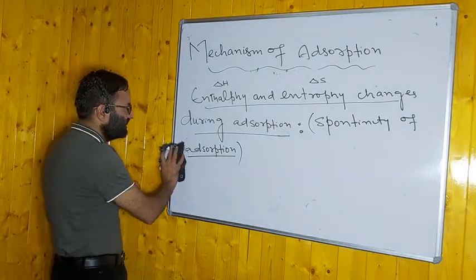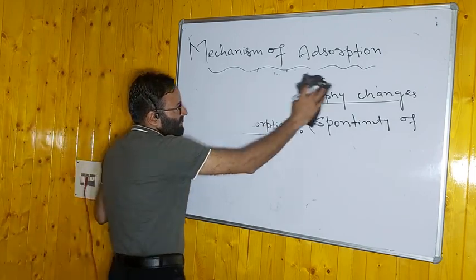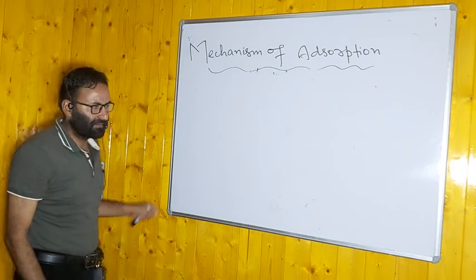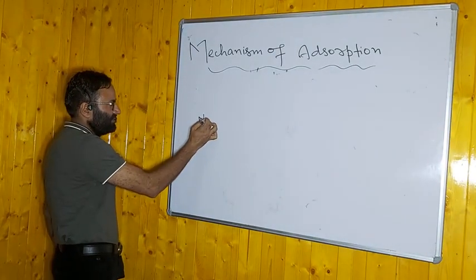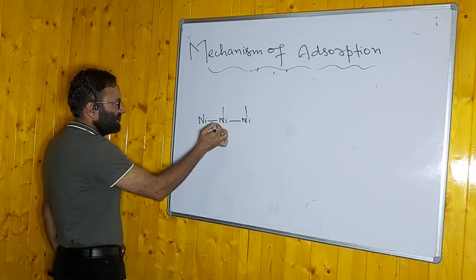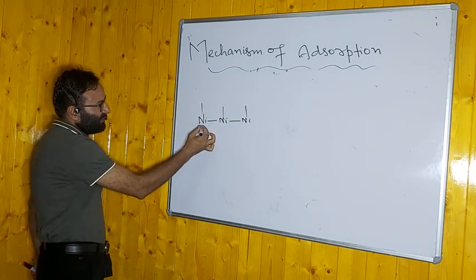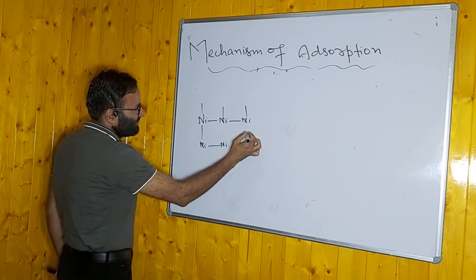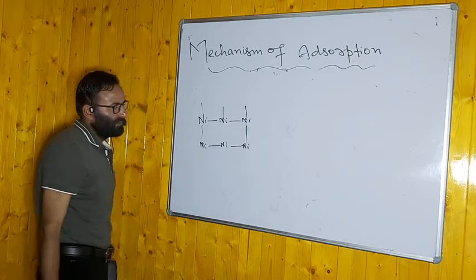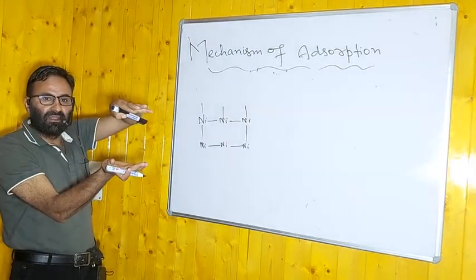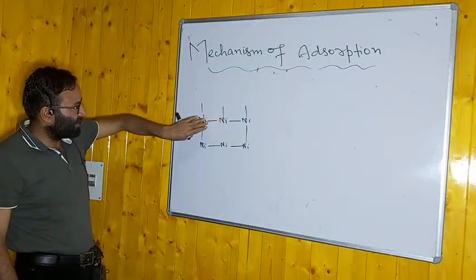We will discuss it. Dear students, when adsorption process takes place, for example, you have the nickel crystal. There are unsatisfied valencies. What happens during adsorption? Interaction occurs between the nickel surface atoms and the adsorbate.